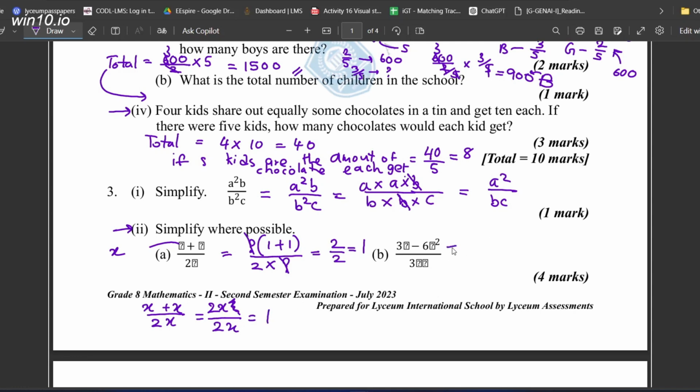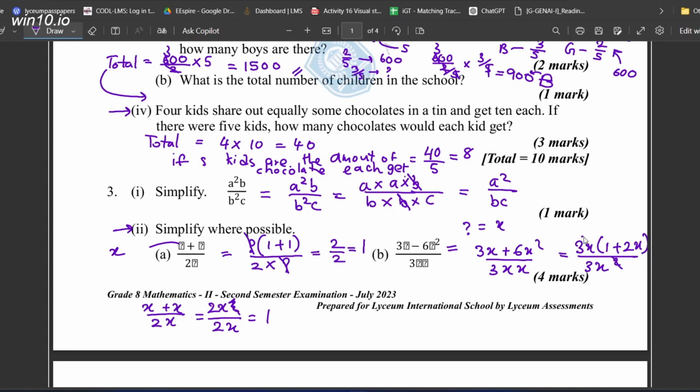So this one also I'll substitute question mark as x. Then I can write it as 3x plus 6x squared over 3x times x. So 3 and x are common factors: 1 plus 2x over 3x squared.